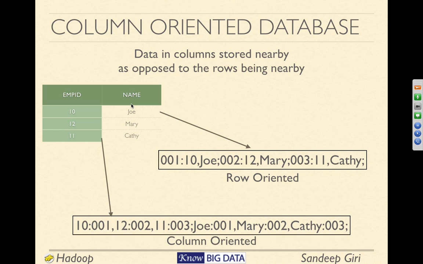In a row-oriented one, we store row-wise. First we store one row, then another row, then another row.